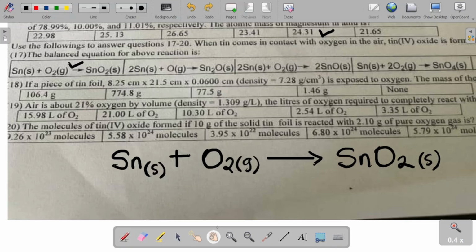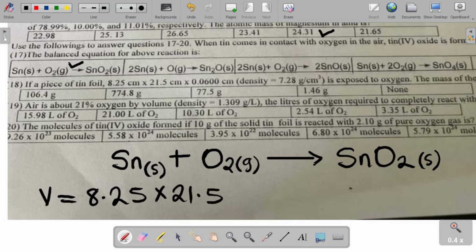So the volume V is equal to 8.25 centimeters multiplied by 21.5 centimeters multiplied by 0.0600. If you multiply all of this, it's centimeters times centimeters times centimeters, which is centimeter cube.